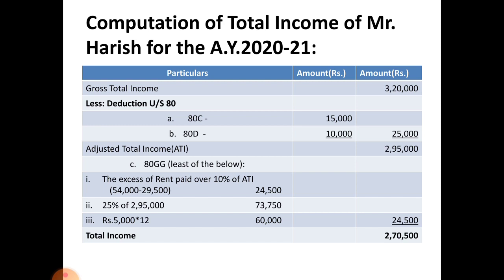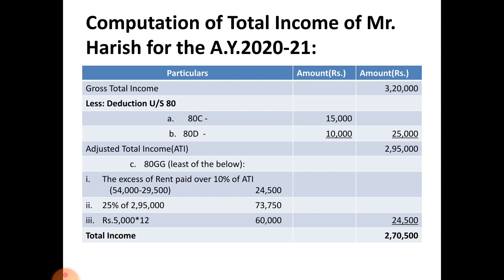See the solution. Computation of total income of Mr. Harish for the assessment year 2020-21. You have to draw 3 columns: first one particulars, next two are amount columns. First you have to write gross total income 3,20,000 rupees. From that you have to deduct deductions under section 80.